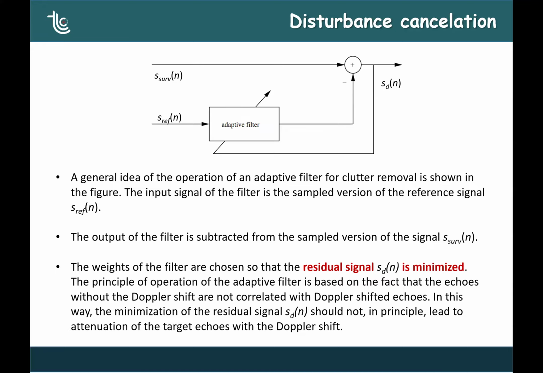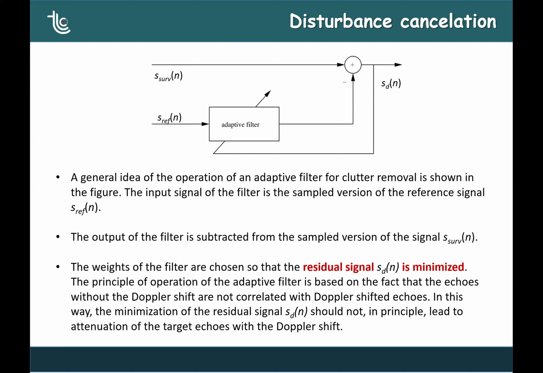So practically what this adaptive filter is trying to do is build, using the reference signal, the echo in the surveillance signal that has a Doppler frequency equal to zero. In this way, what remains at the output of the difference between the two signals is only, or would be only, the signal with a Doppler frequency that is non-zero. And this is what we want to have, because this signal practically is the echo coming from the targets.